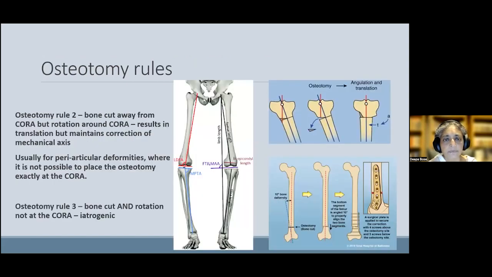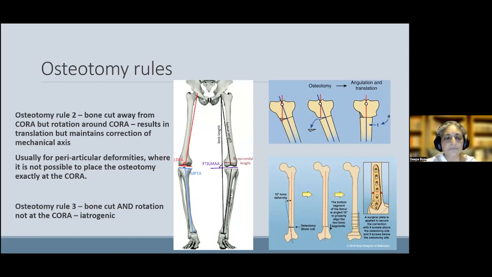We move on to osteotomy rule 2, and this tends to apply when you have a deformity around a joint. What that means is that you perform your osteotomy in a different place from the CORA, but when you do your correction, you are still moving the bone around the CORA.